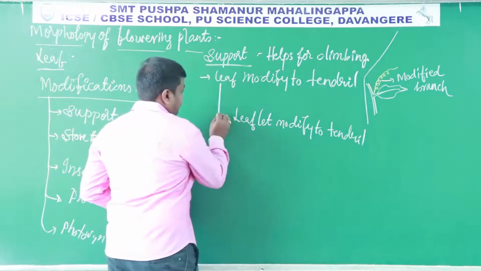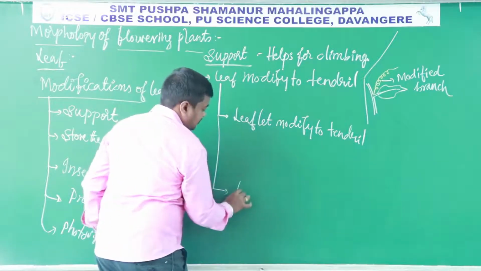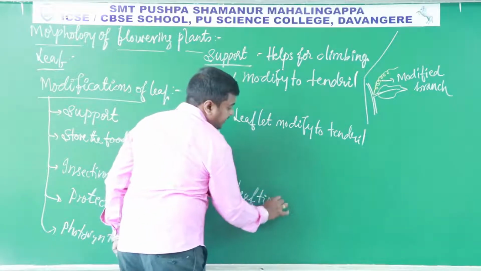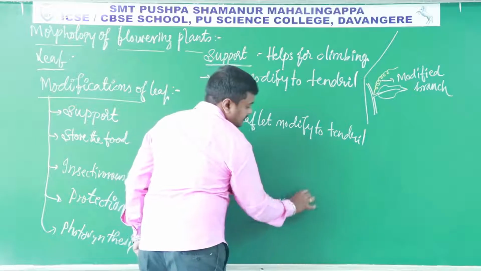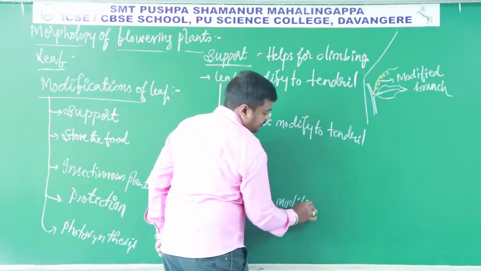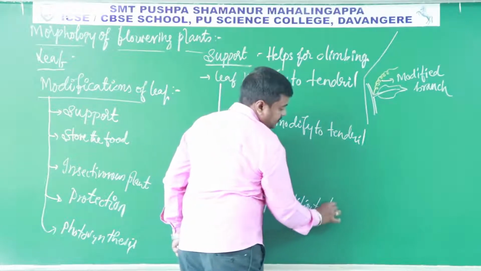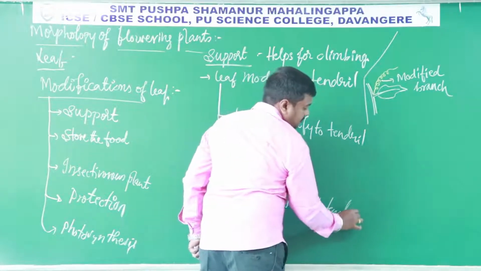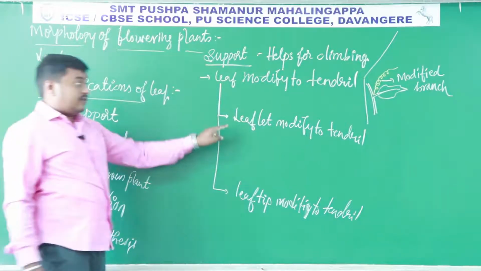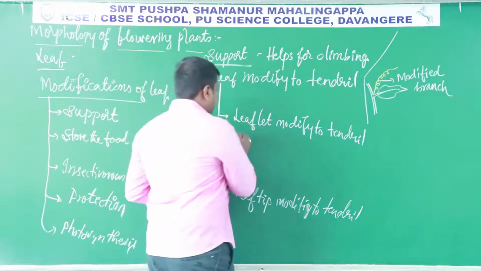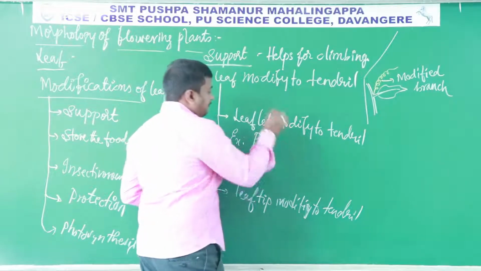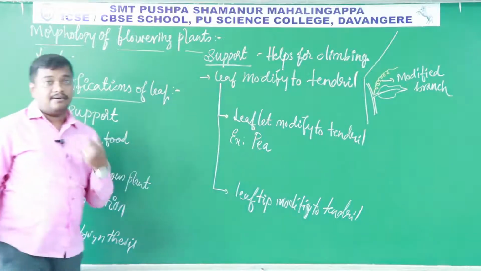And second one, leaf tip modified to tendril. Okay, so important is the leaflet modification, that is important. For example, pea, the pea plant.